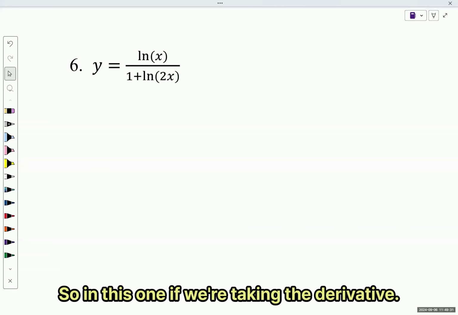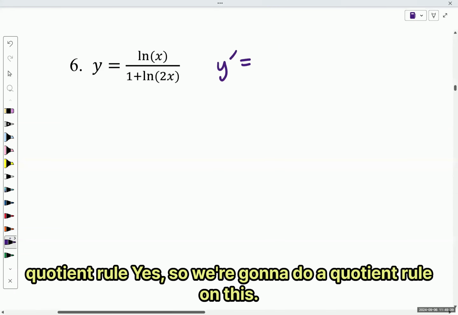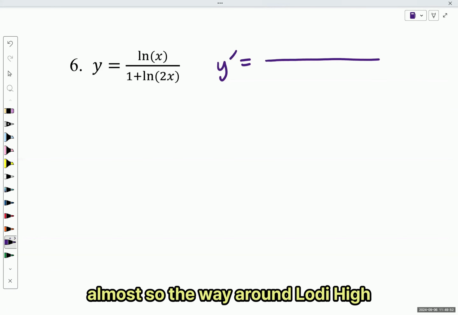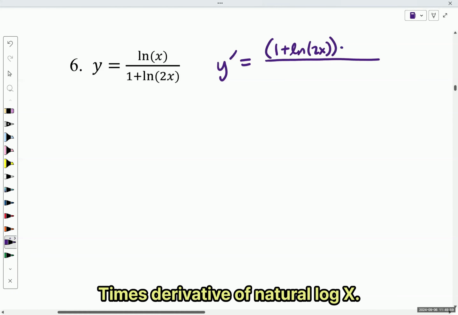So in this one, if we're taking the derivative, what are we gonna do? Quotient rule. Yes. So we're gonna do a quotient rule on this. Almost. It's the other way around. Low D high minus high D low. Yeah. So 1 plus natural log 2x times derivative of natural log x.